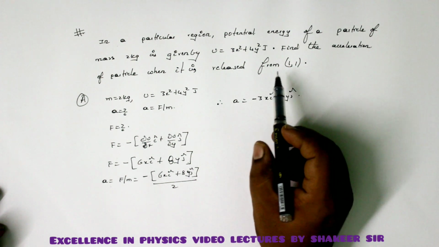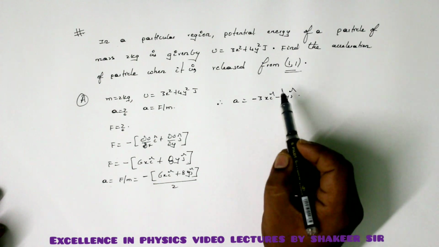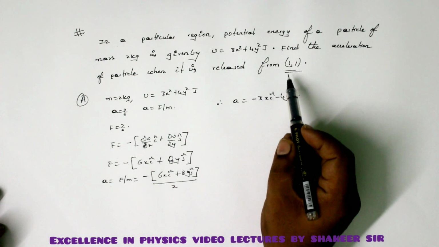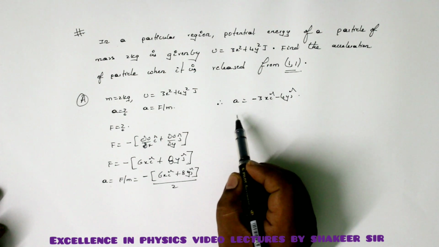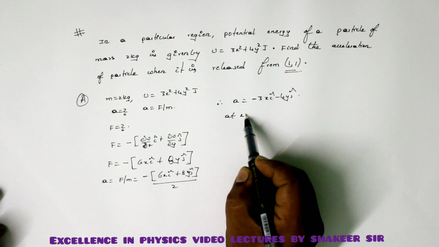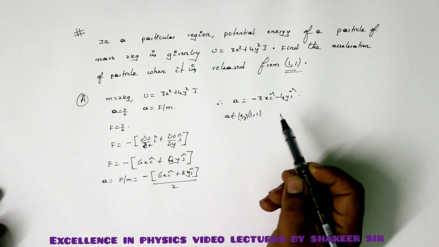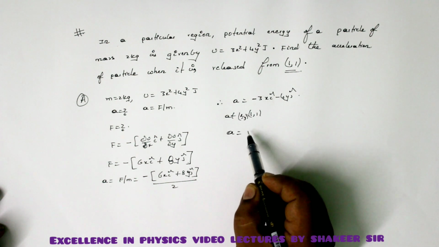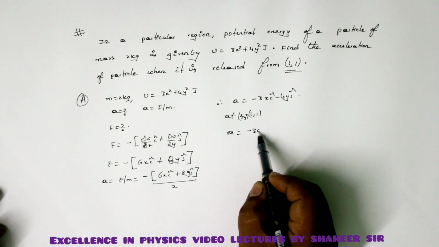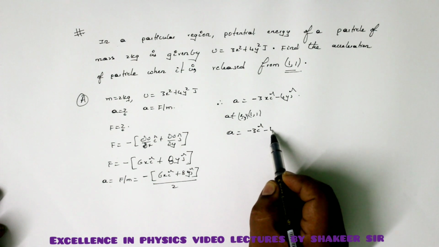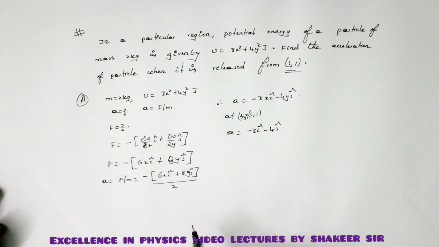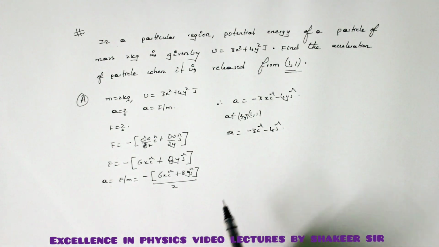And he is asking to find out acceleration when it is released from a position of (1, 1). So if I substitute x, y equal to 1, 1, I will get a is equal to minus 3 i cap minus 4 j cap. So this is the acceleration of the particle.